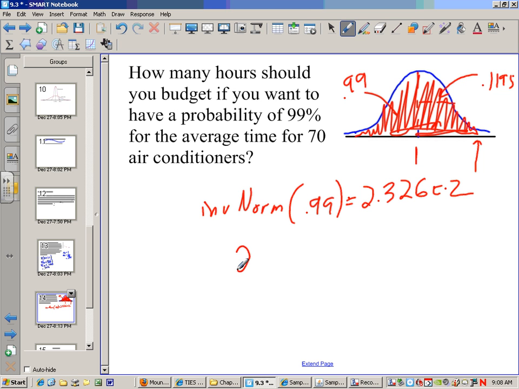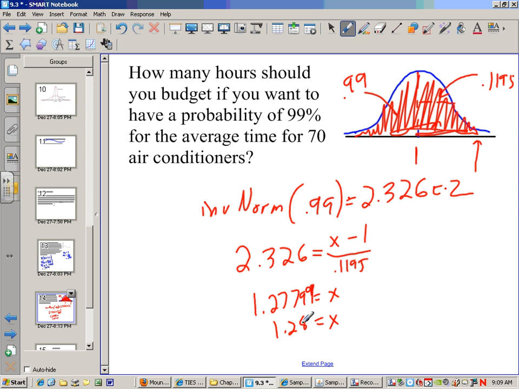So 2.326 is going to equal x minus my mean over my standard deviation, 0.1195. So I'd multiply that times 0.1195 and then add 1. So x would equal 1.27798. So 1.28 about. So if we budget 1.28 hours, that will work.